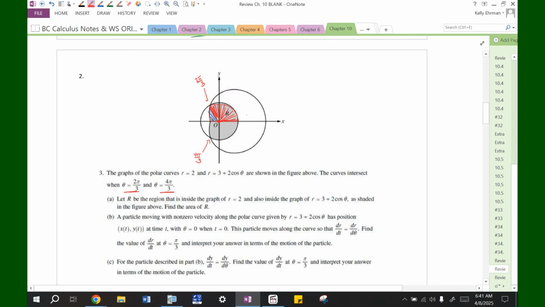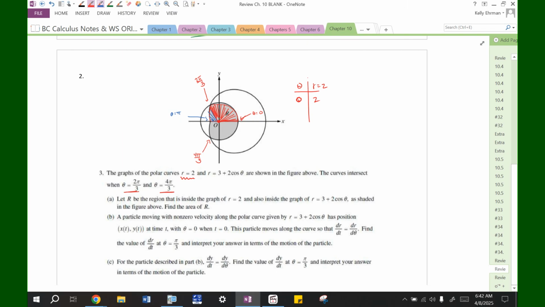I just want to confirm that this is theta equals 0, and that this is theta equals pi. So how do I confirm that? Well, if I'm on the r equals 2 equation and I plug in 0, the answer is just 2. So face 0, go out 2. So yes, this is where the circle starts.